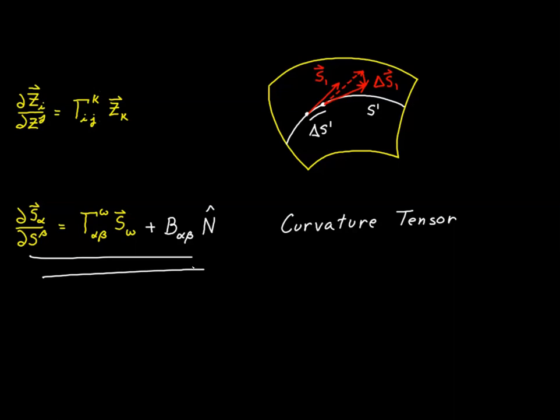It's just that when we have a plane, we know that this part of it is all we need, which means that this B alpha beta is 0 in order to represent a plane. So with that having been said, we look at this as the general expression for a surface manifold, and a plane turns out to be the special case when B is equal to 0.